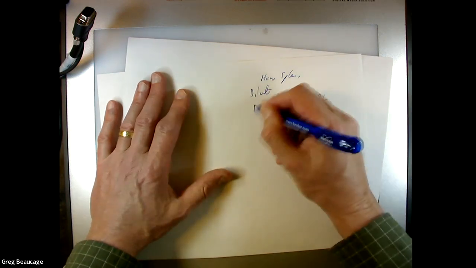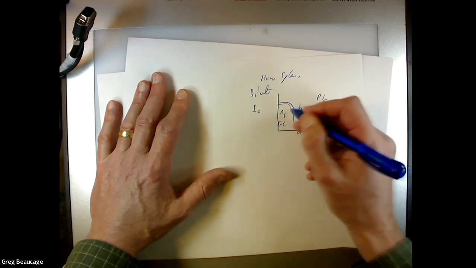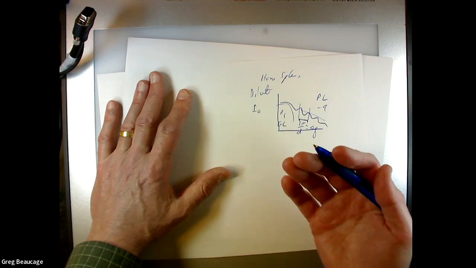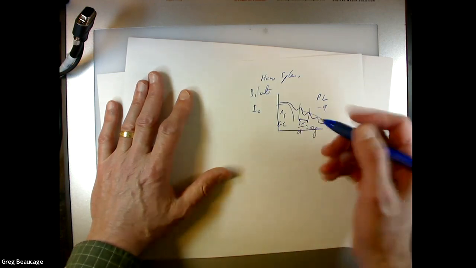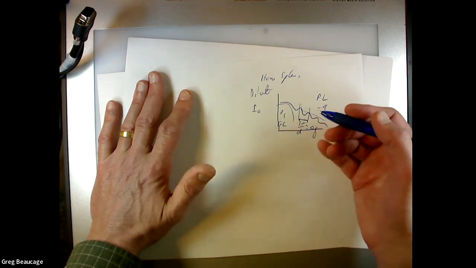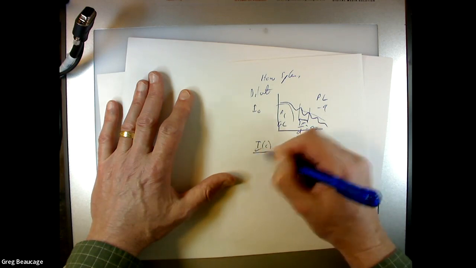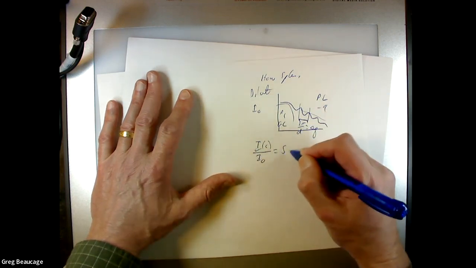So we call that I0. Then we're going to plot, so we want to get rid of that. That thing's just an annoying feature in the data that we don't care about, because the sphere is not going to change. If I make it more concentrated, it doesn't change the sphere. So I take my I at some concentration C, divide by I0 to get rid of it. That's called the structure factor.